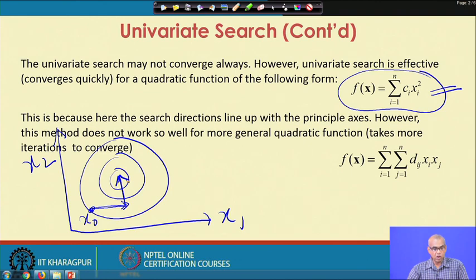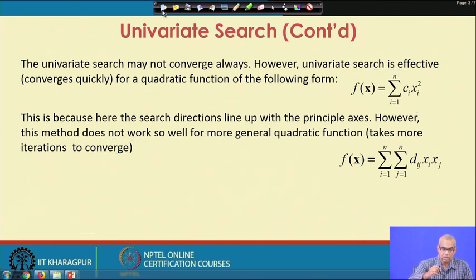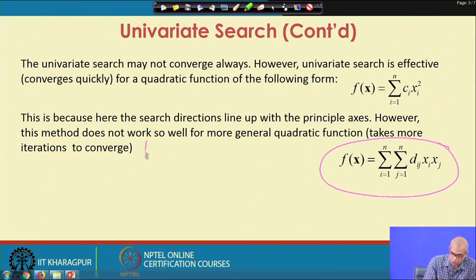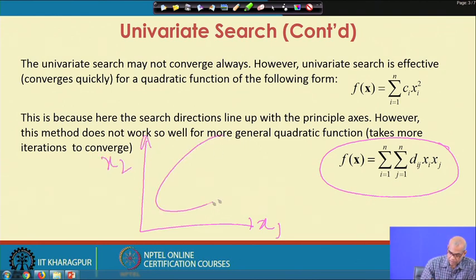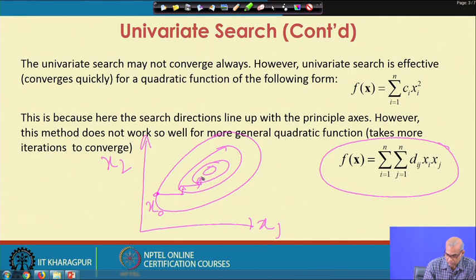axis. However, this method does not work so well for more general quadratic functions as shown by this equation, which is sigma I equal to 1 to n, sigma j equal to 1 to n d I j x I x j. Here if you plot the contours, it will be like this, and you can see if you start from here, so it is my x 0, you go in this direction, then you go in this direction, then you go in this direction, then you go in this direction.